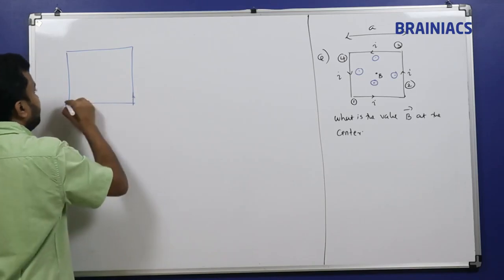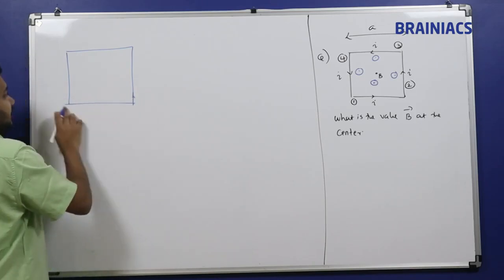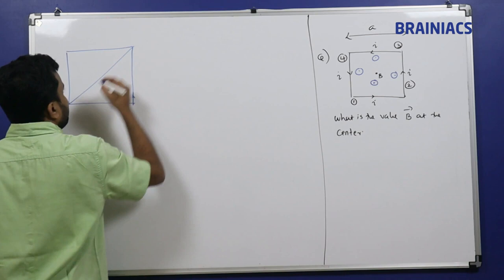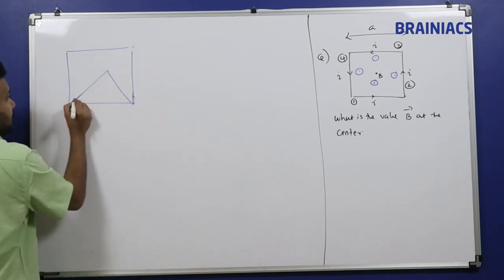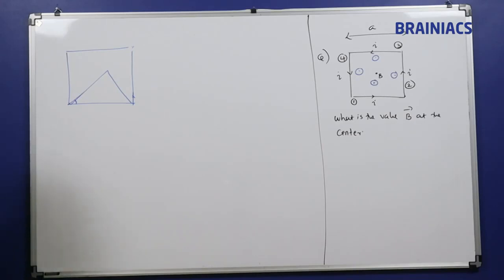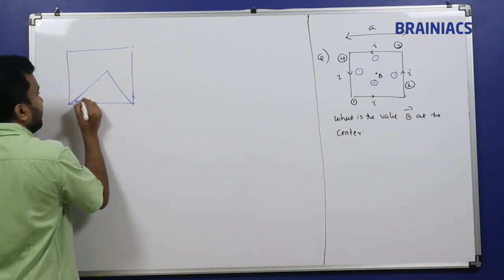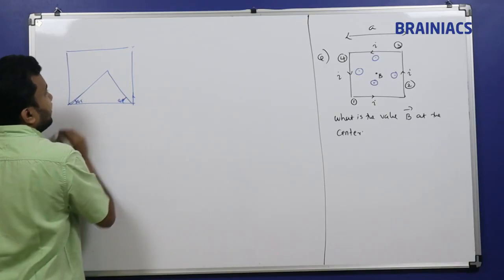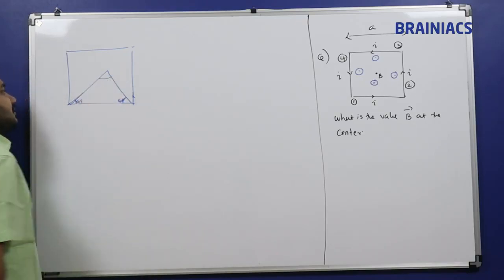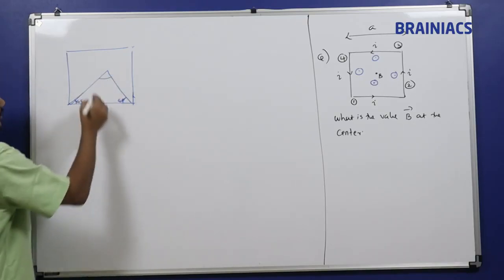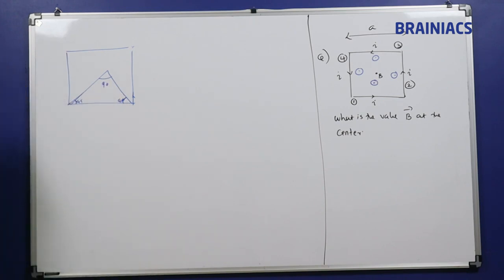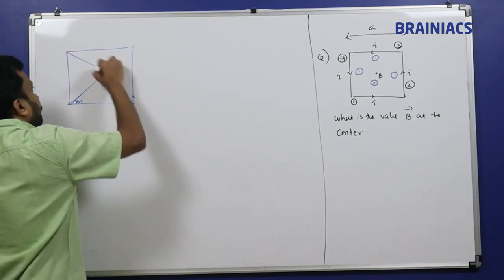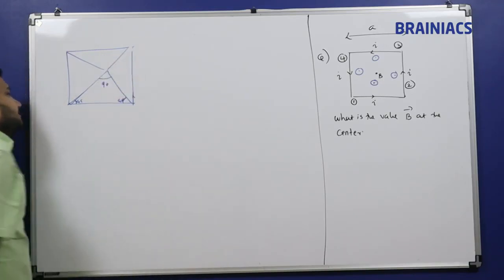One side length is A. This is the center, right? So this angle is 90 degree. One side is 45 degree, another side is 45 degree, and 45 plus 45 altogether becomes 90 degree. Now we have 4 sides like this.